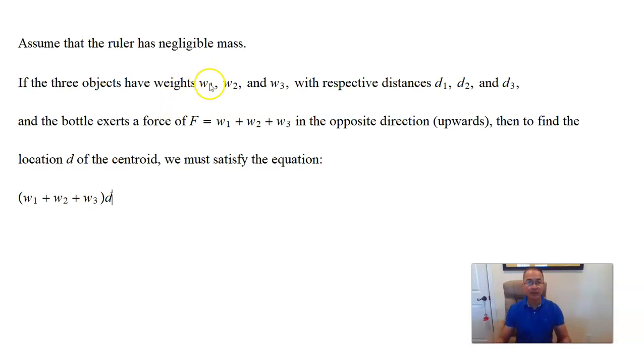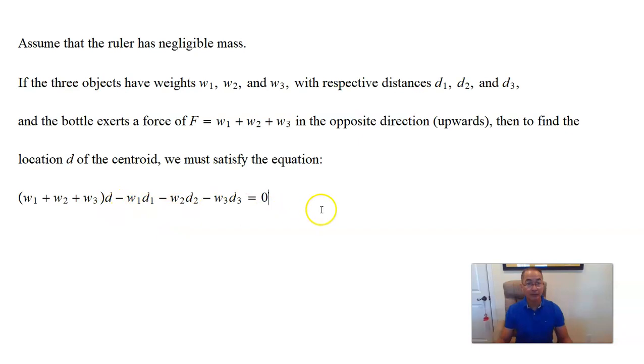These three weights are going to produce negative moments in the clockwise direction. So it'll be minus W1 D1, minus W2 D2, and minus W3 D3. So water bottle counterclockwise, three guys clockwise, negative. Their moments should add up to 0. So there we go.